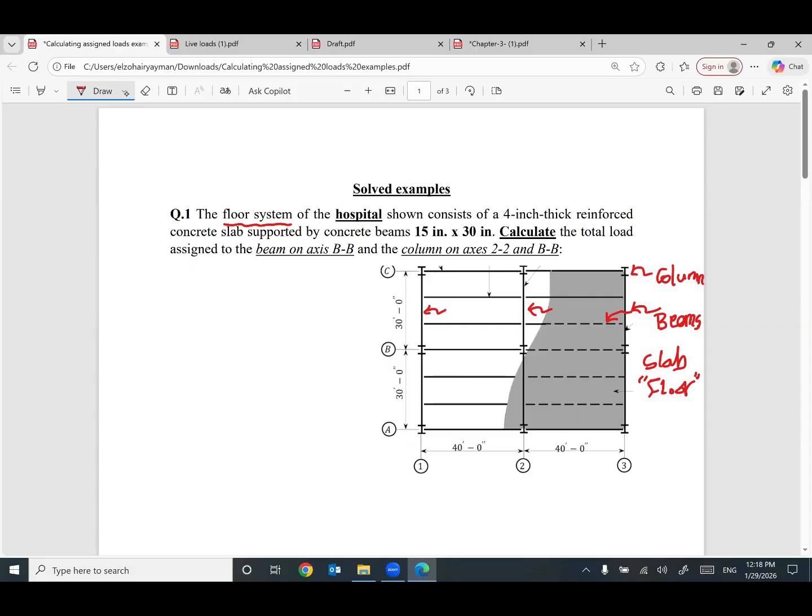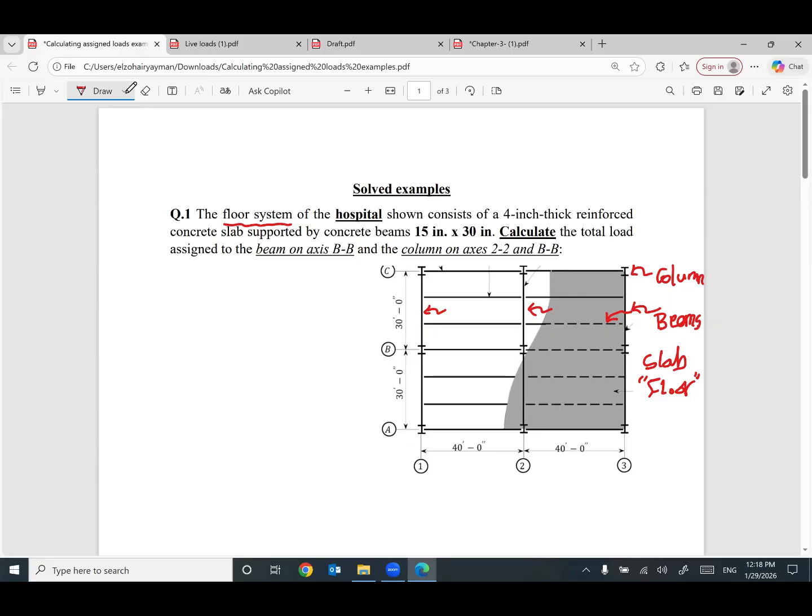That makes sense? The floor system of the hospital shown, so looks like this floor is for a hospital, consists of a 4-inch thick reinforced concrete slab.